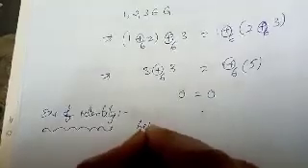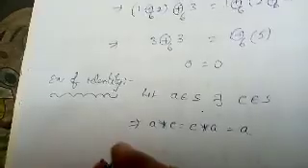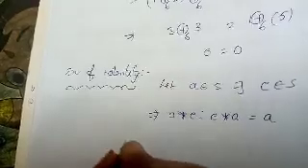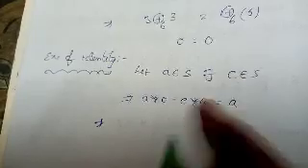Identity means: let A belong to S, then there exists an element E belonging to S such that A star E equals E star A equals A. From the composition table, the additive identity is 0. Therefore A star E equals E star A.